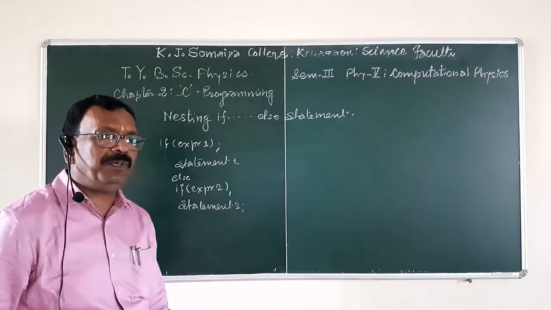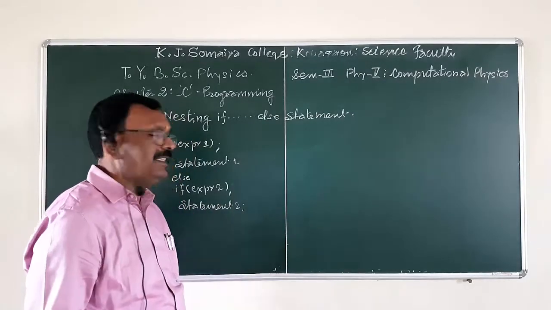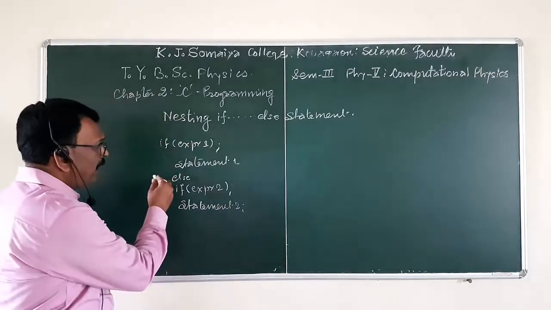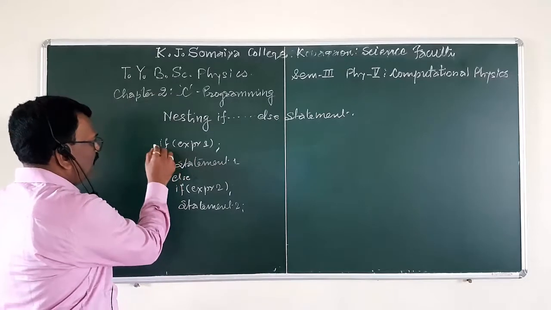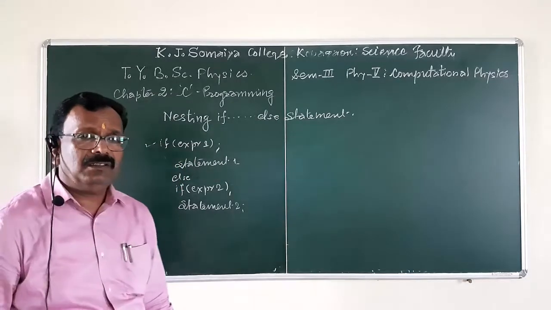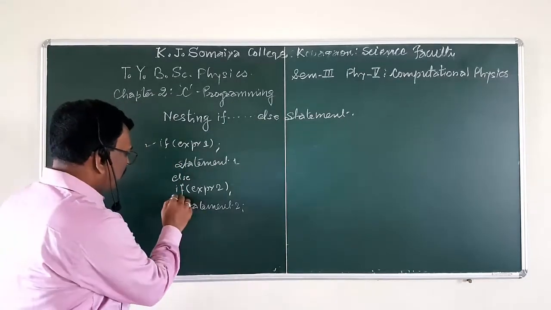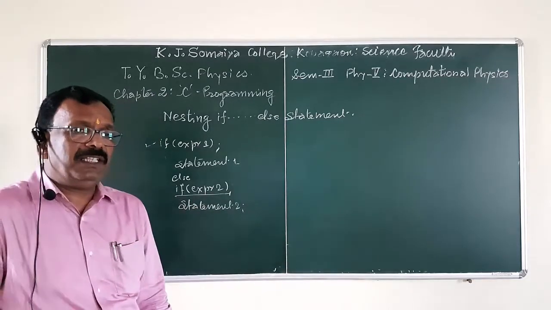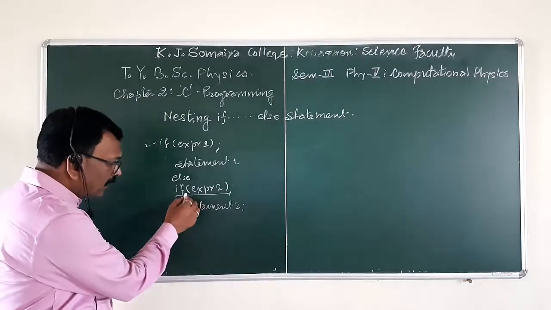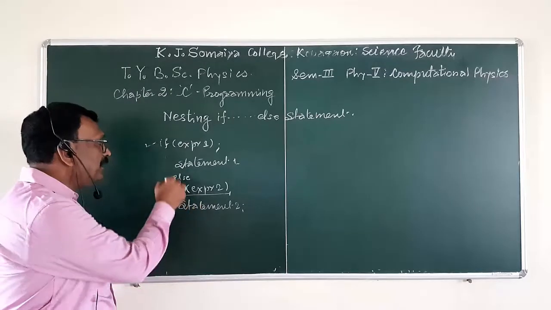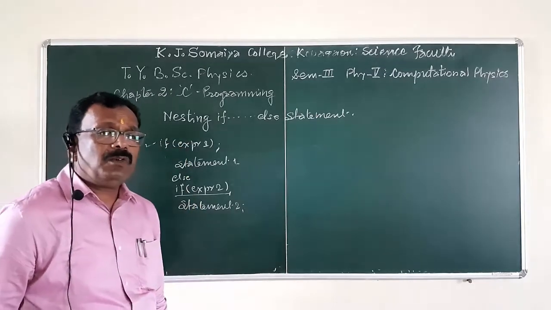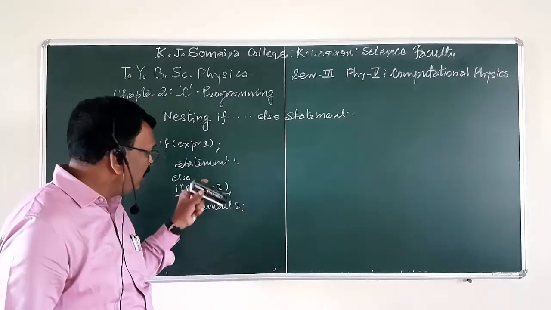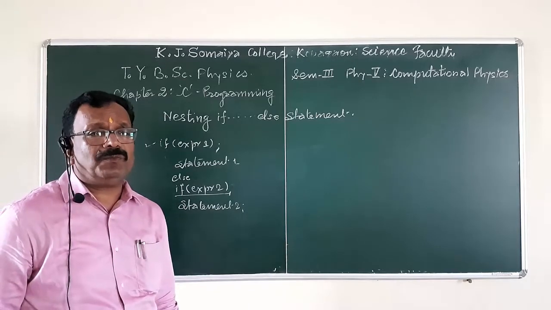This is the very simple form of nesting if-else statement. Why is this a nesting if-else statement? Remember that this is the outer if-else statement and this is the inner if-else statement. Here the inner if-else statement is within the outer if-else statement. That's why this is the nesting form.